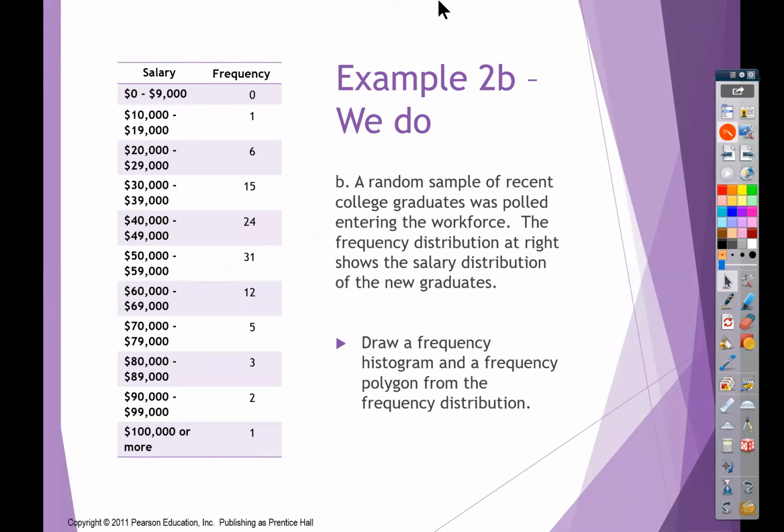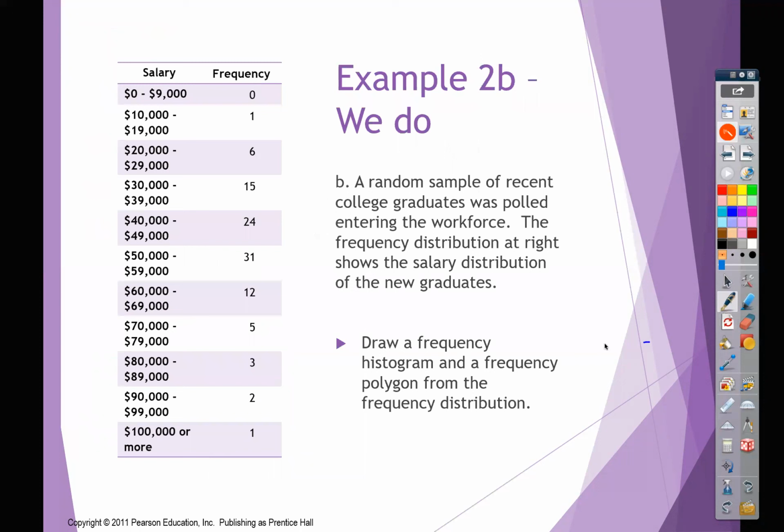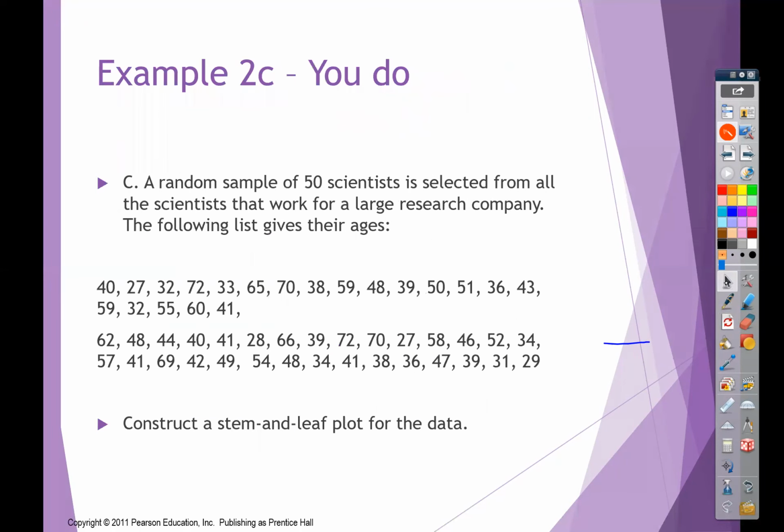Okay, this is an extra example we could do. We're not going to, but you can draw a frequency histogram and a frequency polygon from the frequency distribution that you've already been given. And in C, this gives you the ability to construct a stem and leaf plot from this information.